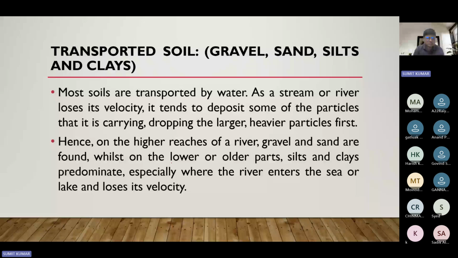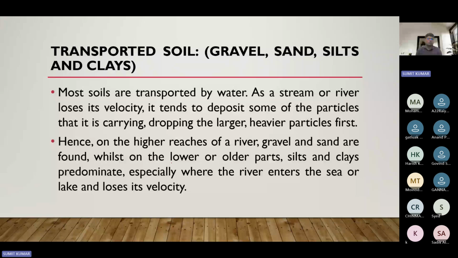And usually you see that the river flows out of some mountains. You have studied the river basins in India in geography in your 10th or 12th classes.